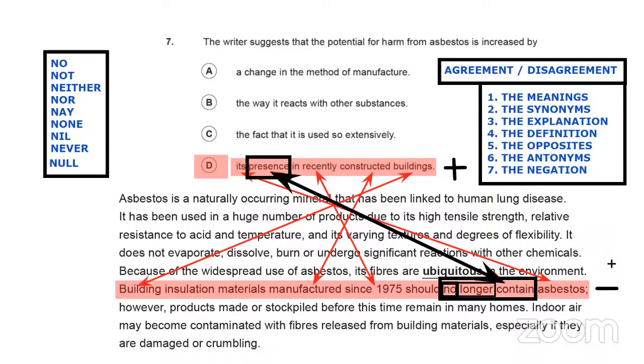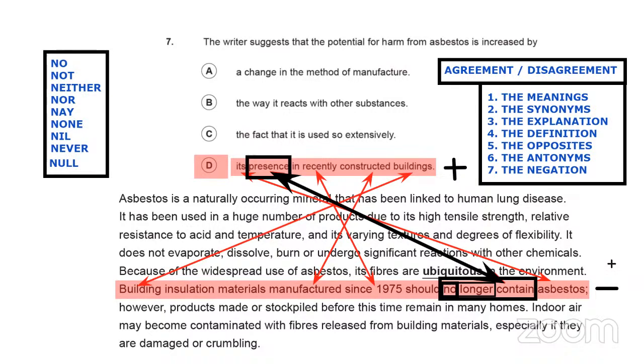Now, this is the meaning. Now, synonym. What is a synonym? Synonyms are almost the same in meaning, but not exactly the same.